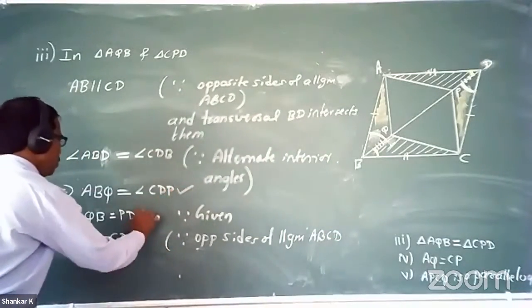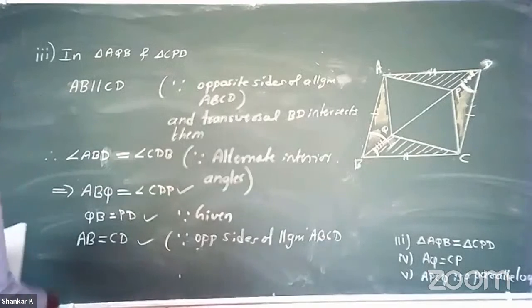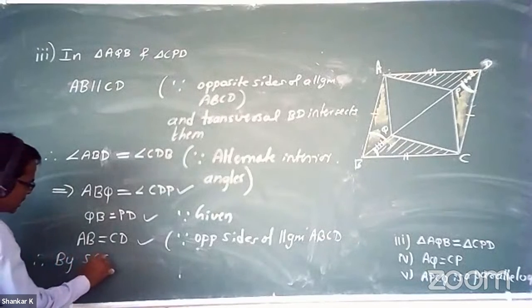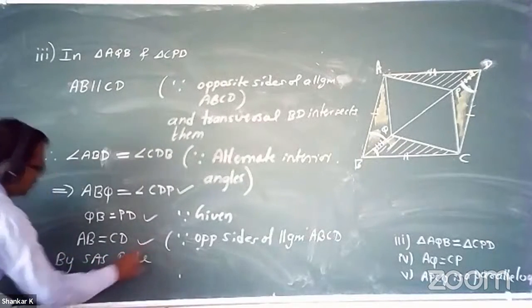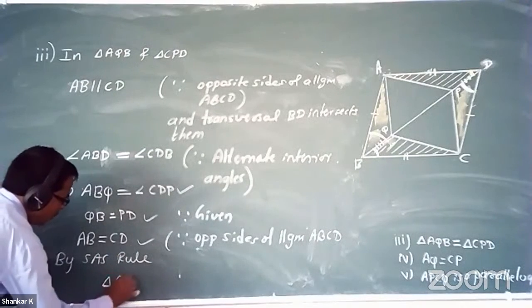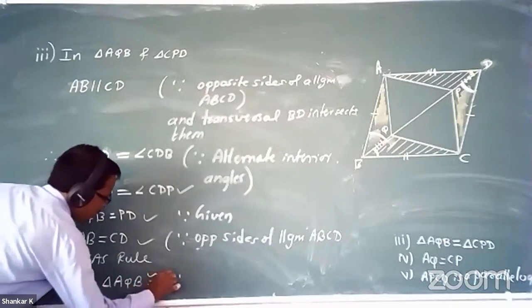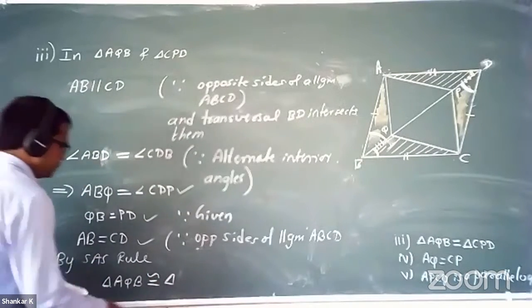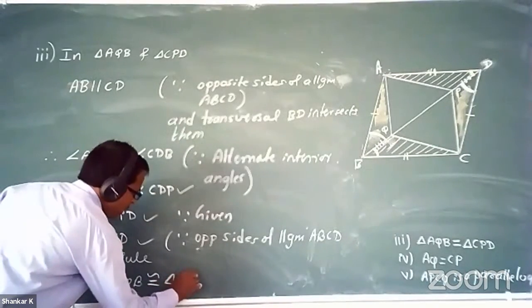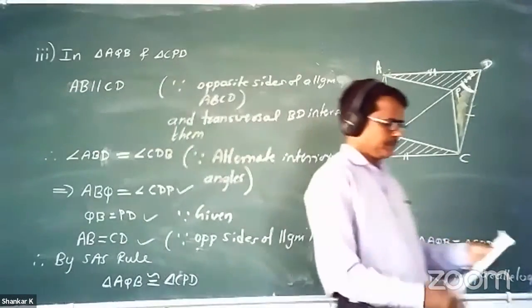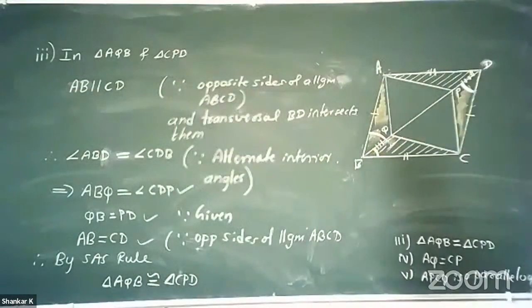One angle, 2 sides. So by SAS congruent rule, triangle AQB is congruent to triangle CPD. In this any doubt is there, you can tell me. Any doubt, students?